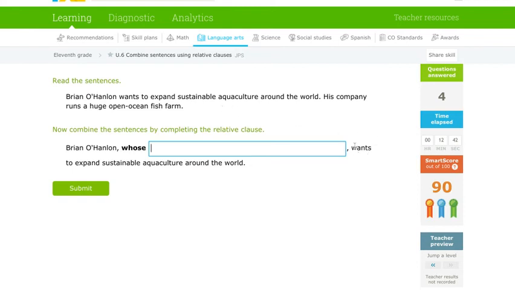All right, we see that in the second part of what they've given us, wants to expand sustainable aquaculture around the world. So we can assume that they want us to put this little piece in as the dependent clause that modifies the noun Brian O'Hanlon. It gives us more information about Brian O'Hanlon.